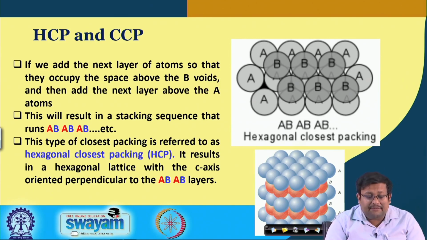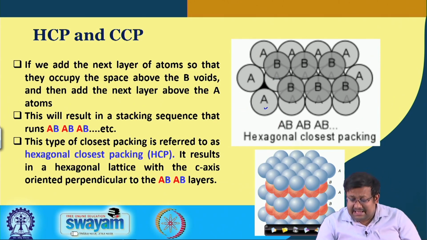So, if you see here, we first had a single layer of similar size ions, which is denoted by A. If we add the next layer of atoms, they occupy the space above the B voids. If you remember the B voids, you can see this second layer occupies the space above the B voids, and then again we add the next layer above these A atoms.